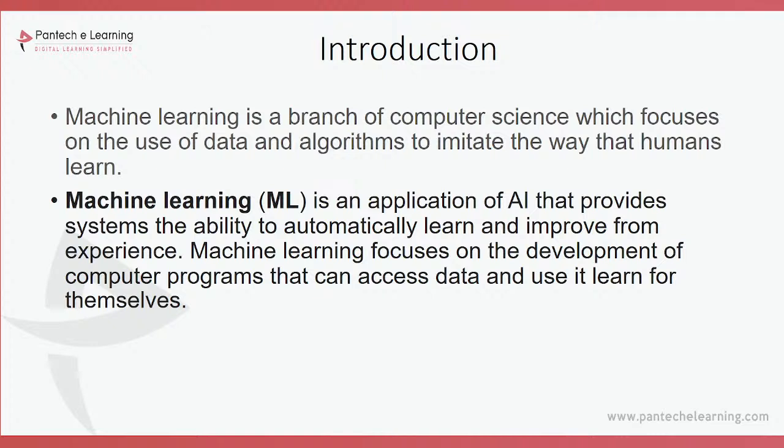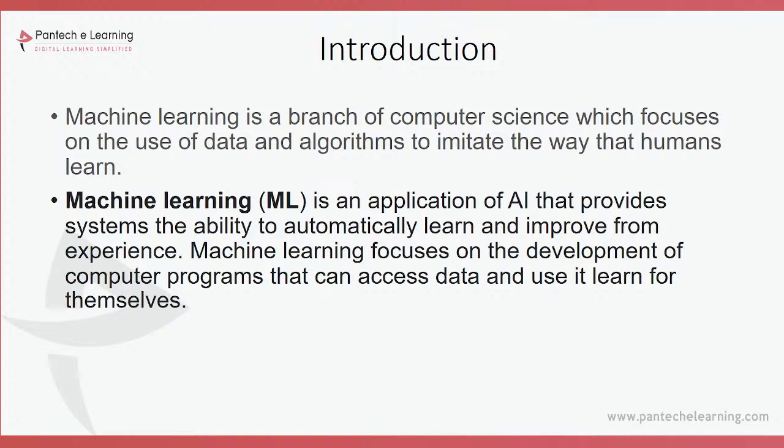And it is an application of AI that provides systems the ability to automatically learn and improve from experience. So we are importing different types of functions or different types of algorithms, and based upon the instructions it can improve, and also it can get experience from what it is learning.